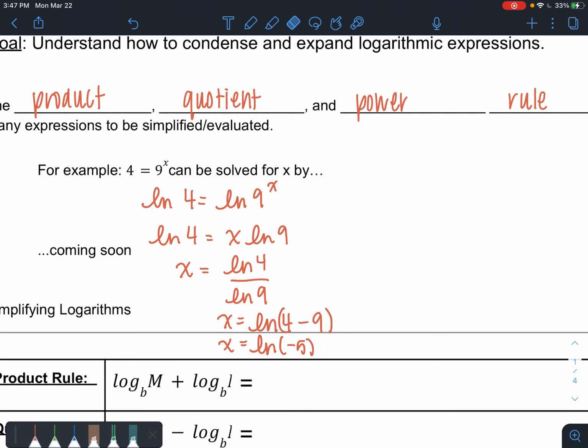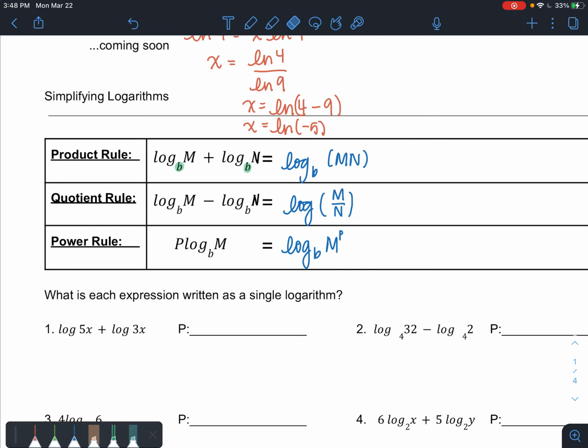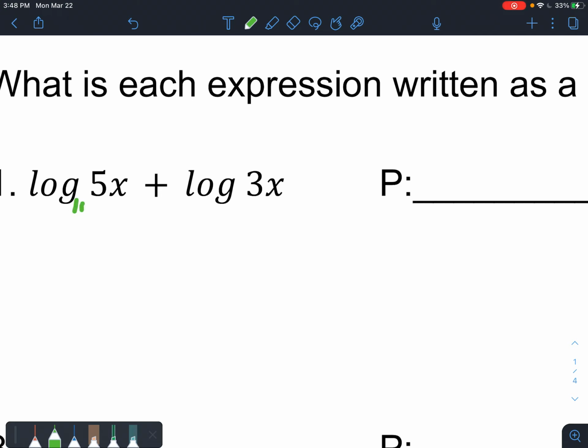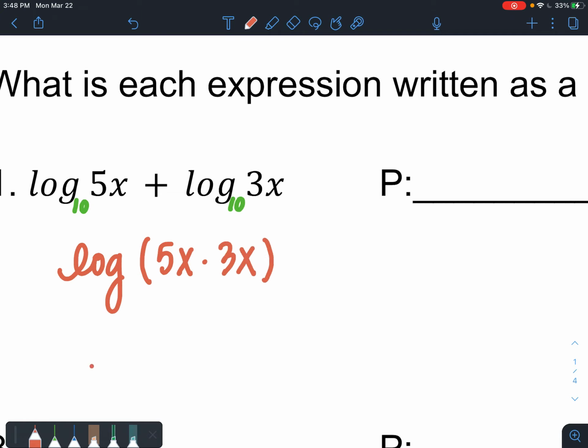And so the definitions of those are there. Okay, so we want to write these expressions as single logarithms. So I have log 5x, log of 3x. Because I have the same base of an invisible 10 right here, I can rewrite this as log, and we don't need to write the 10, of 5x times 3x.